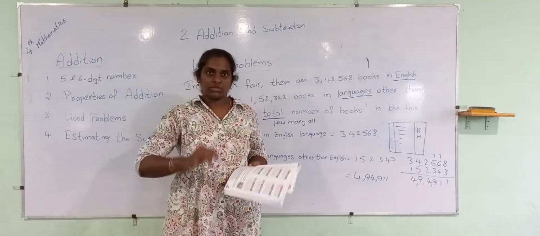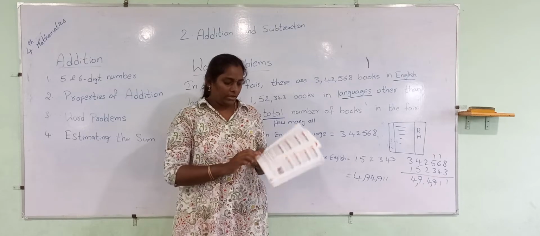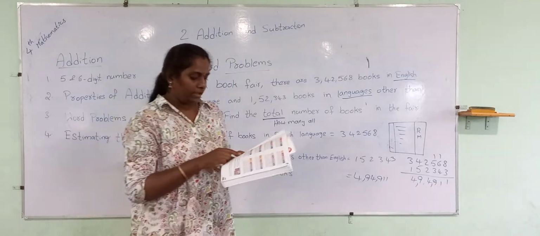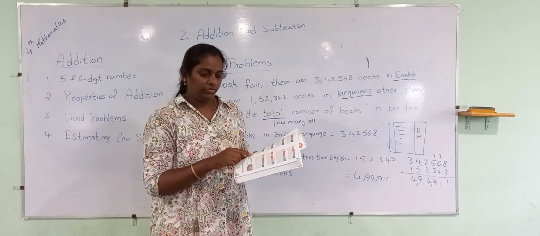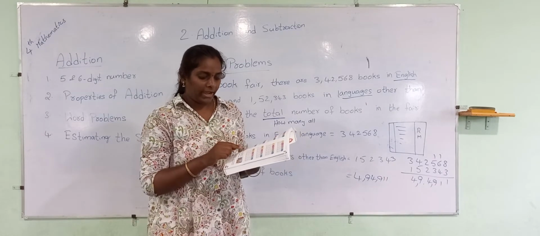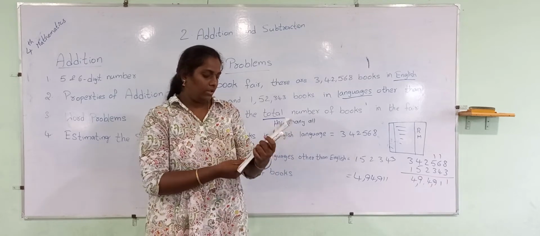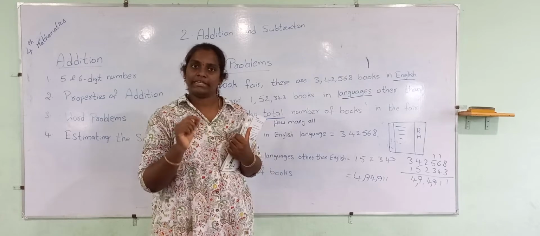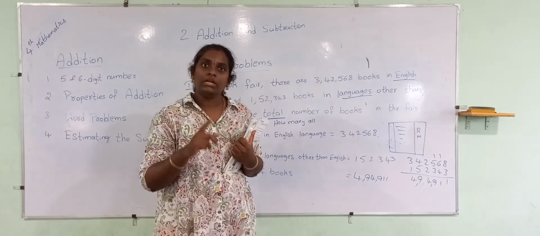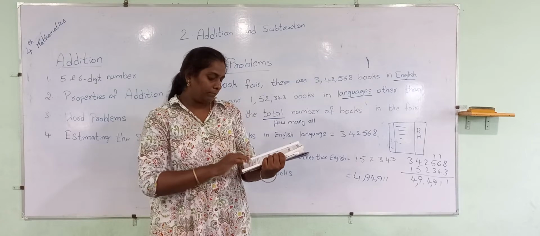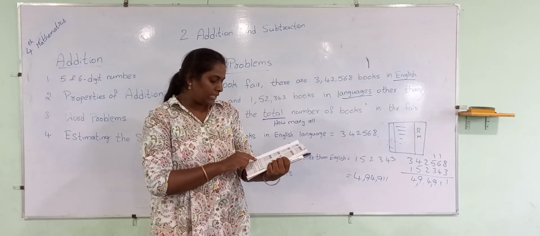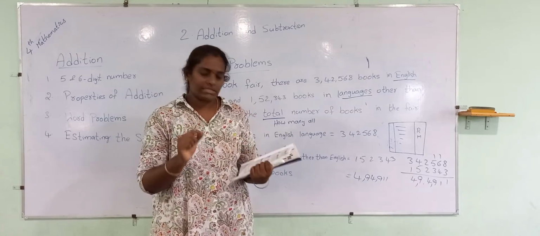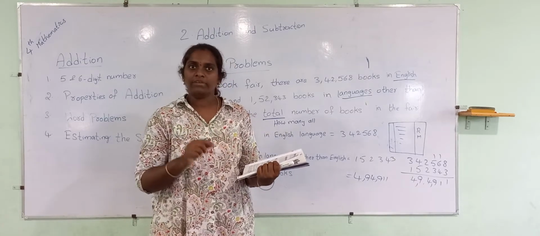Now open your textbook, page number 23. Here 3 more word problems are there. I will read the second problem. Mohan bought a study table for 12,530 rupees, and he also bought a bookshelf that cost 23,450.